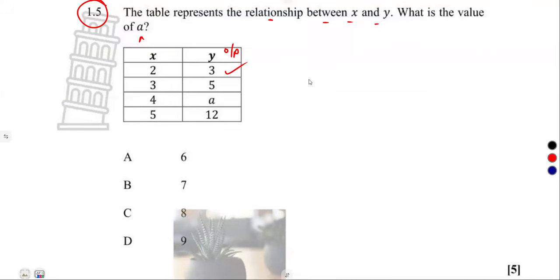We have a 3, followed by a 5, followed by a, followed by a 12. They are taken in the same order, as you can see here, consecutive: 2, 3, 4, 5.